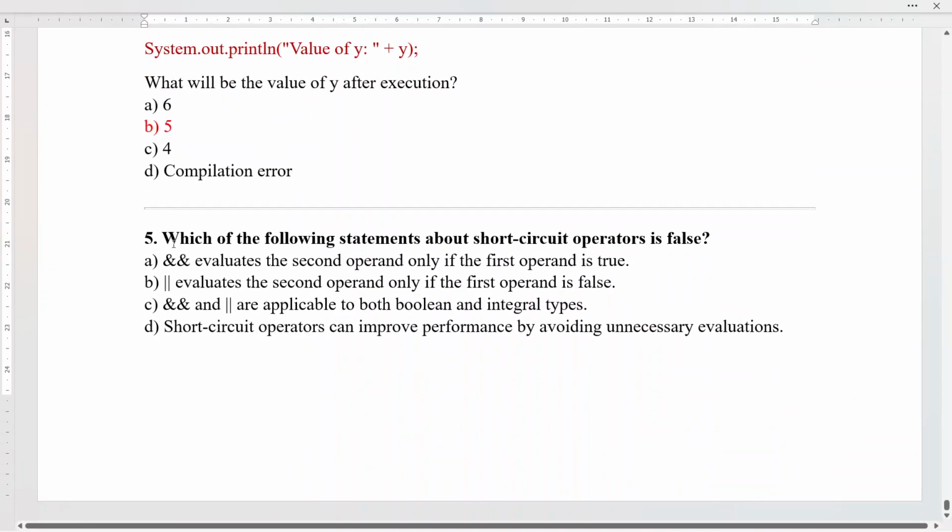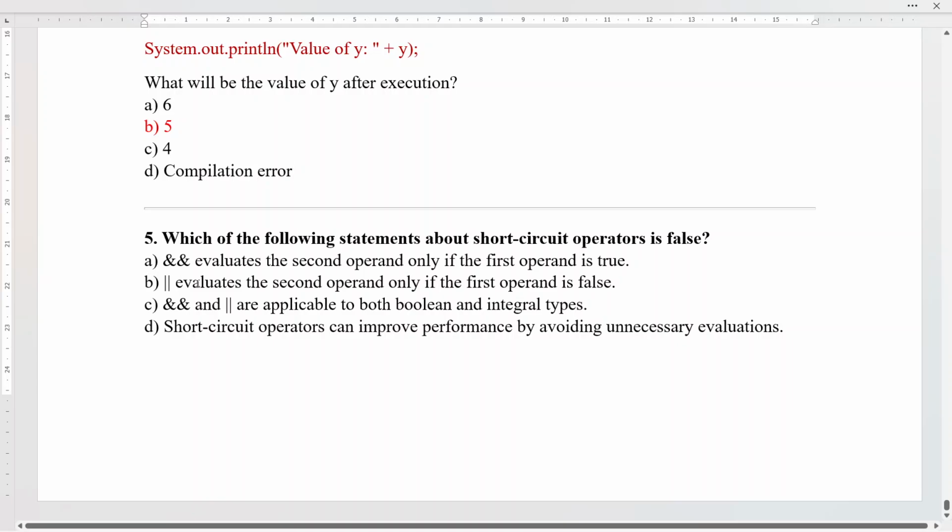Fifth question. Which of the following statements about short circuit operators is false? Short circuit AND evaluates the second operand only if the first operand is true. Yes, it's correct. Because only if the first operand is true, then only the second operand is executed.